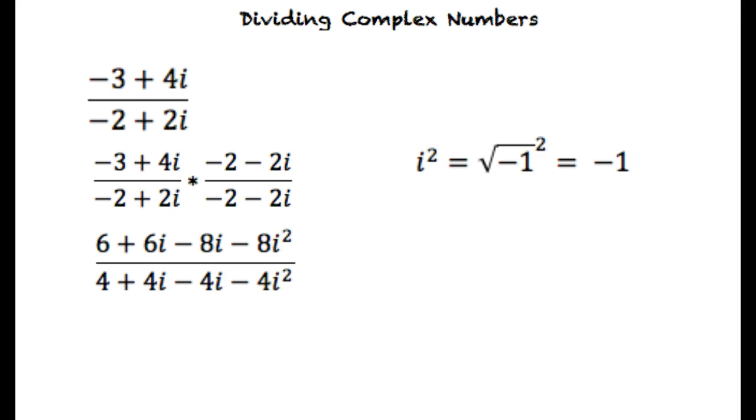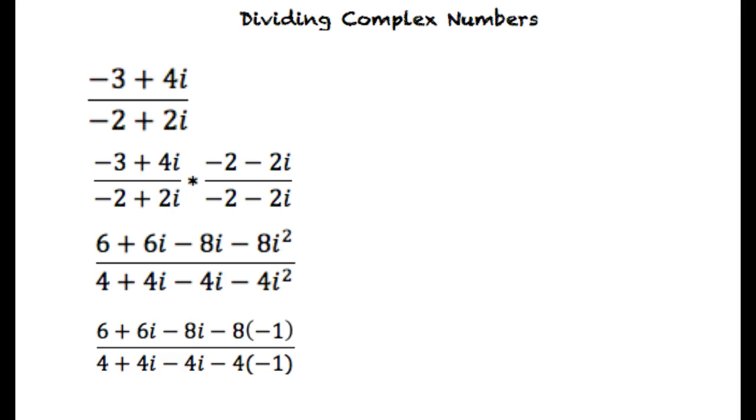We remember that the imaginary unit i represents the square root of -1, so i squared is equal to -1. This allows us to simplify to 6 plus 6i minus 8i minus -1 times 8 over 4 plus 4i minus 4i minus -1 times 4.